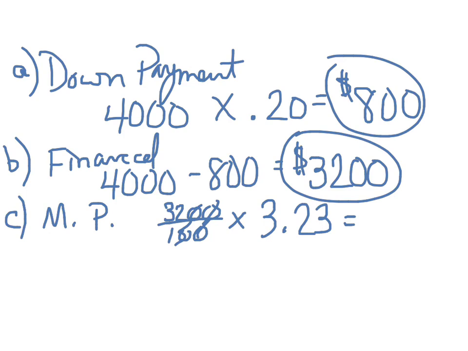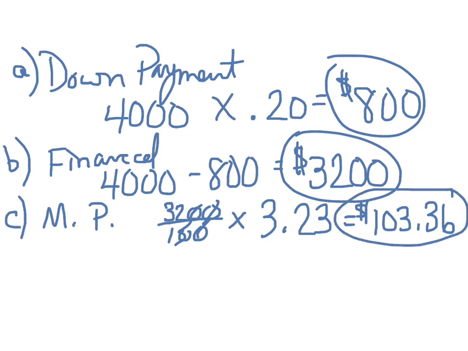Because remember the formula said this, Colin? It said how much finance divided by 100. So I divided that out times the number from the chart. So what do I get? $103.36. That is my monthly payment that I need in order for Ingrid to have her gazebo. Okay?